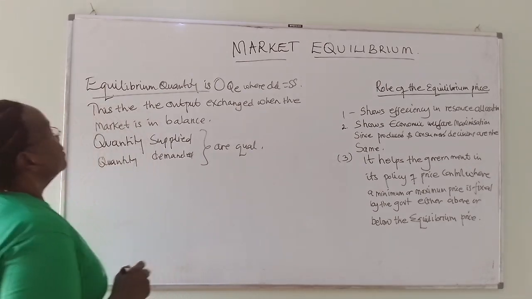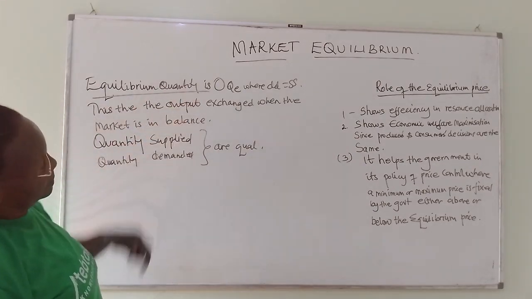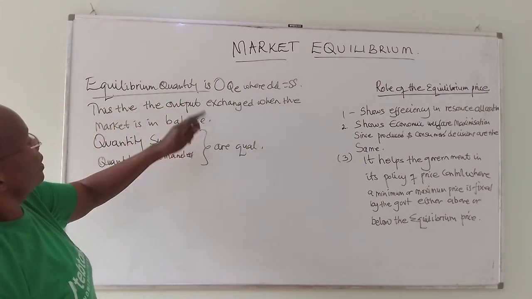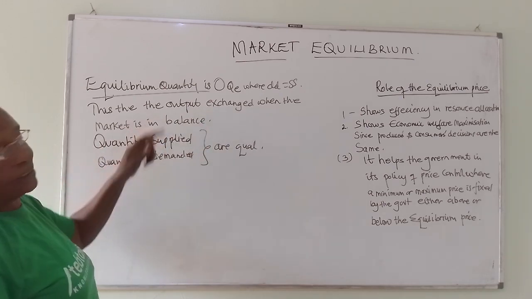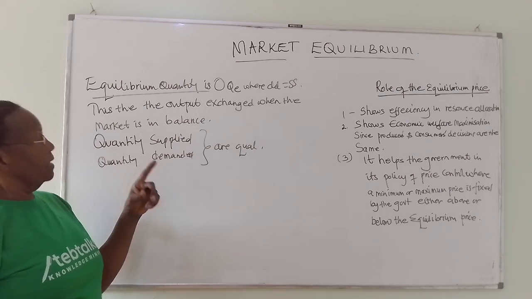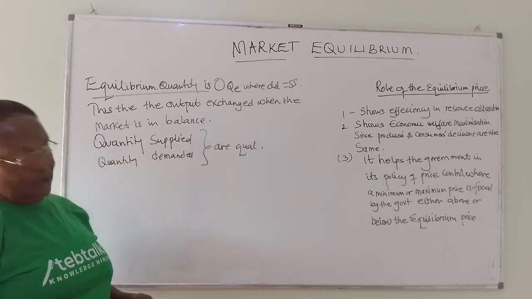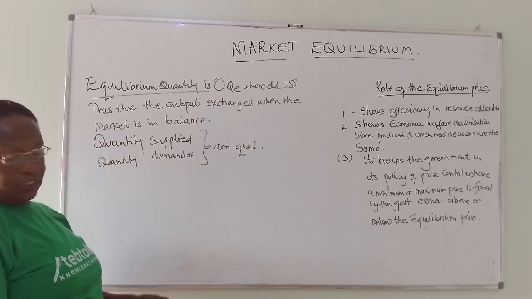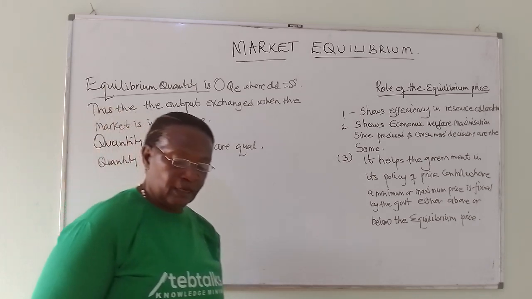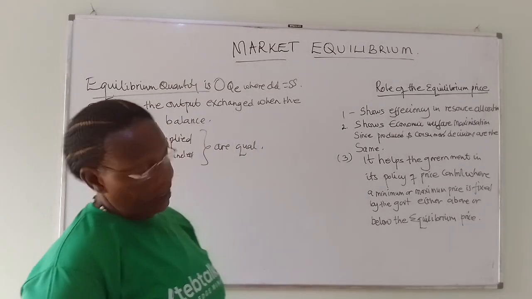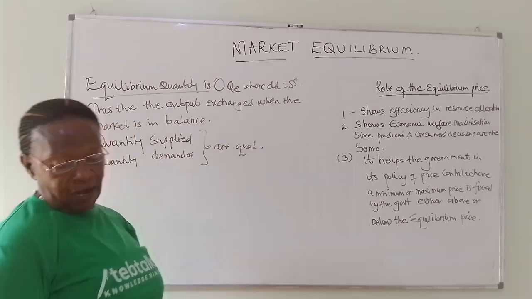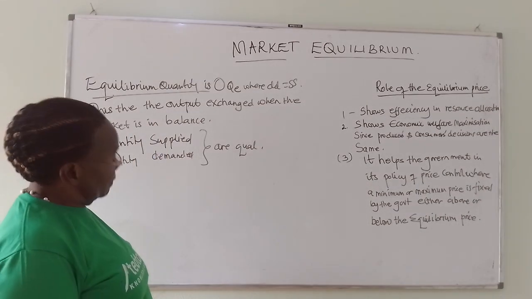So there we say we have an equilibrium quantity. That quantity or that output exchanged when the market is in balance. When is the market in balance? When quantity supplied and quantity demanded are equal. Again, there are no shortages and there are no surpluses. And it is the only quantity that brings together the equality of demand and supply in the market.